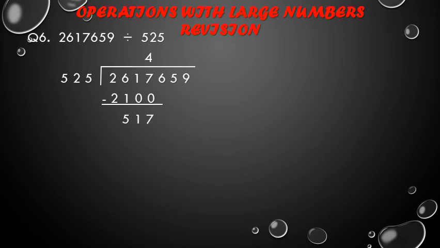And what do we get? We get 517 as remainder. Now, in the next step, we will carry down 6 from the dividend, and now the number formed is 5176. Now we have to divide 5176 by 525.